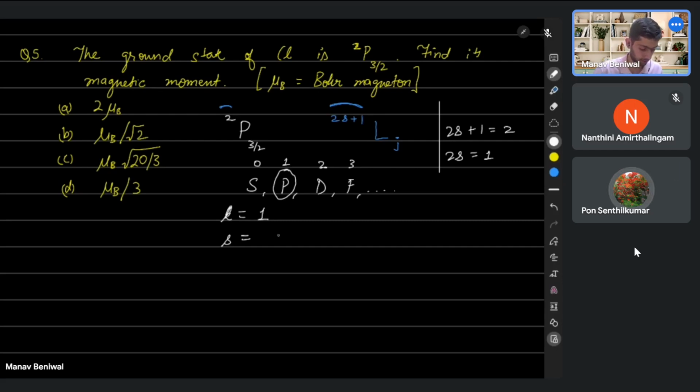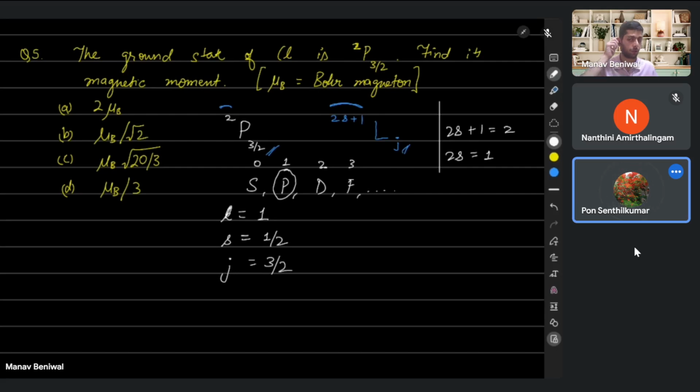So I'll write 1 by 2 here. And j is already given to us. You can see this is 3 by 2 and this is j. So we can already write j as 3 by 2. From this notation, we can very easily get all the values of L, S, and J.